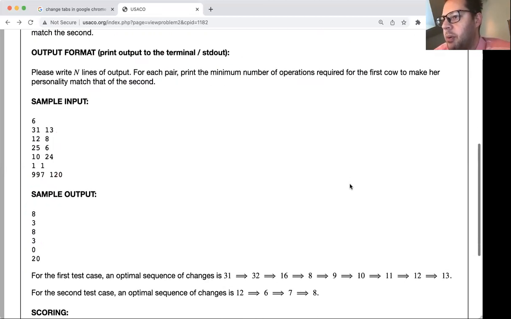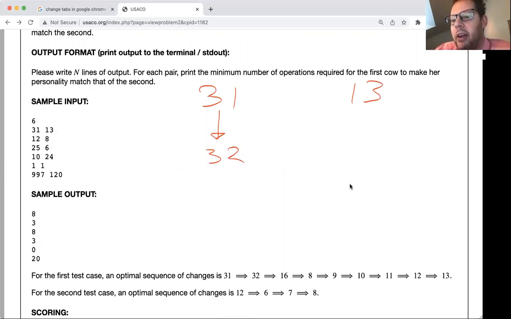So, for example, with 31 and 13, I want to try and get 31 to become 13. The only thing I can do is multiply by 2, which makes it further from 13. I could divide it by 2 if it was even, but it's not. Or I could add 1 to it, and that looks like my only option. So 31 is going to become 32. At this point, I could add another 1, but that would just be moving away from 13.